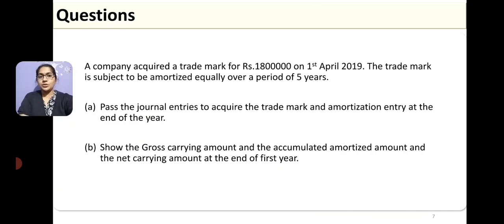Then also show the gross carrying amount, the accumulated amortized amount and the carrying amount at the end of the first year. So, they are asking how we pass the journal entry to record the acquisition, and at the end of the year how we amortize it and how we show it in the balance sheet at the end of first year.